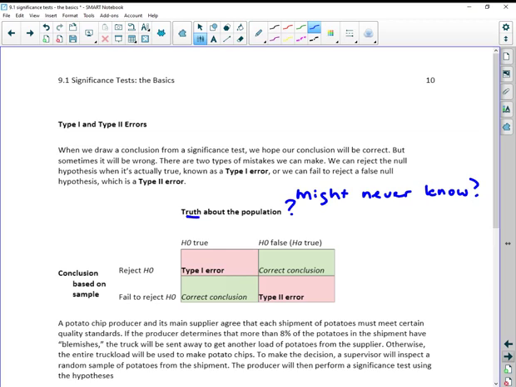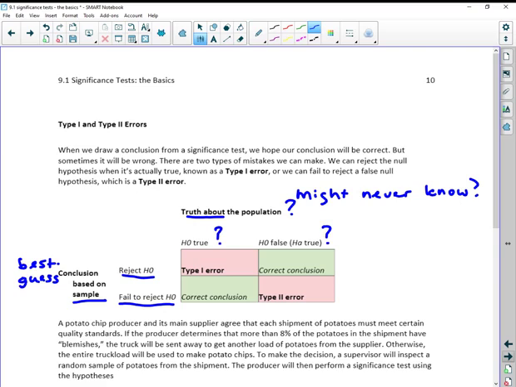We're going to be going out there and getting a sample, and based on our carefully constructed sampling routine, we get our best guess at what the population is. Based on that sample, we make a conclusion to either reject or fail to reject. We don't know if it's true, but it really has a truth.